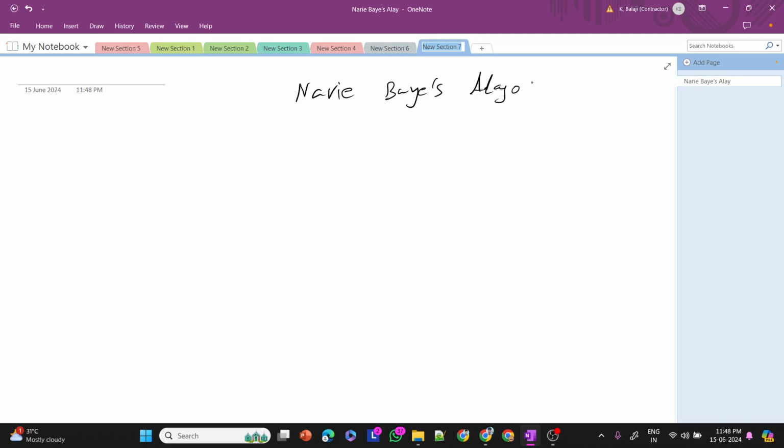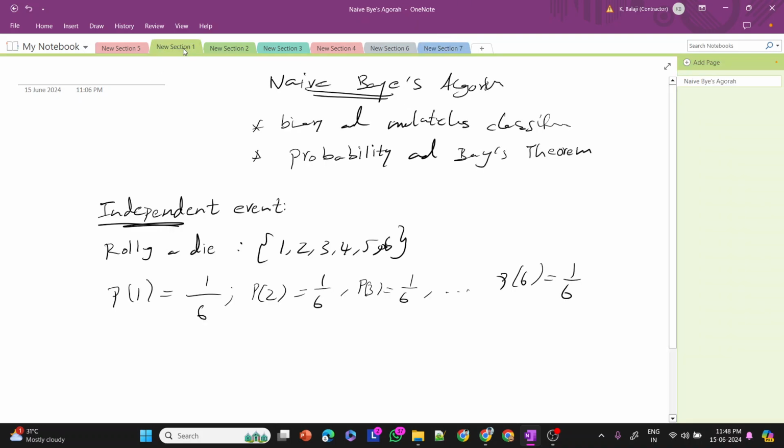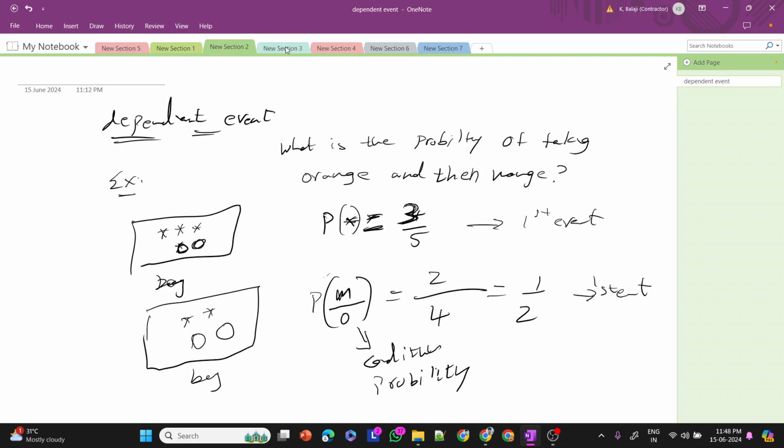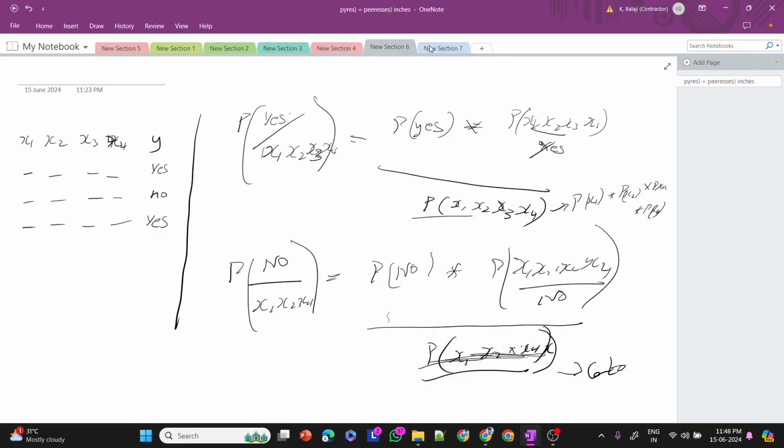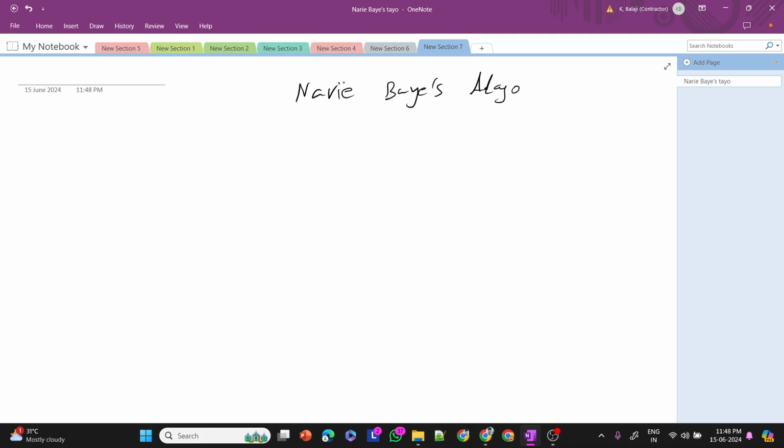We already saw some theory concepts about Bayes theorem. In this video, we are going to see solving a problem using the naive Bayes algorithm.